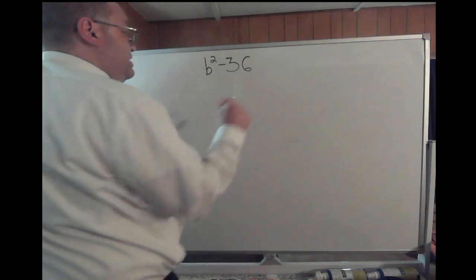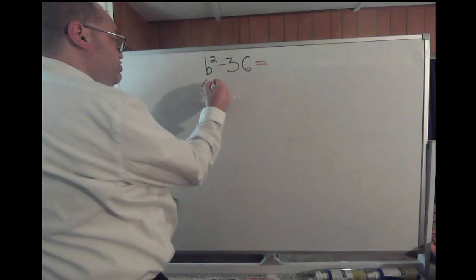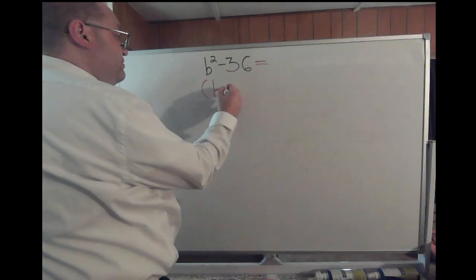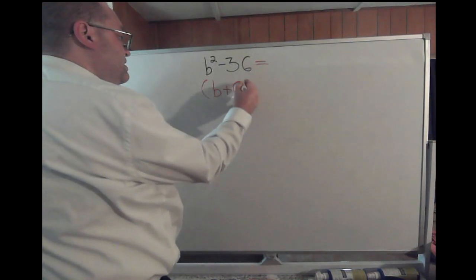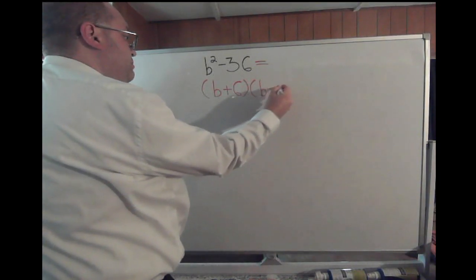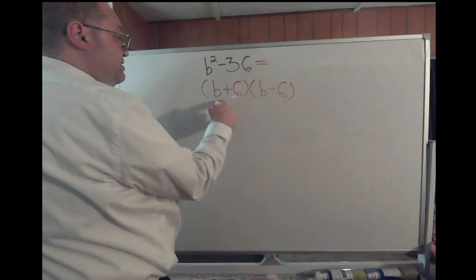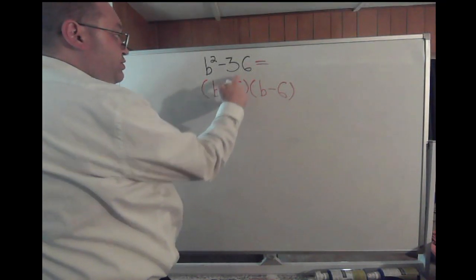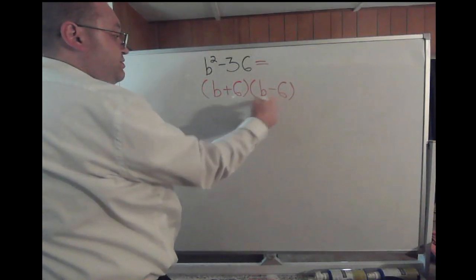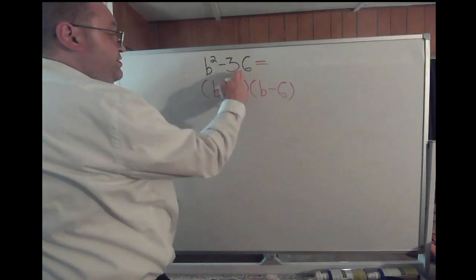In order to take the factor of this, you take the square root of b squared, which would be b, and then 36, one root of it is plus 6, and then you would do that quantity times b minus 6, because the square root of b squared is b, and the roots of 36 are plus and minus 6, because you have two roots for 36.